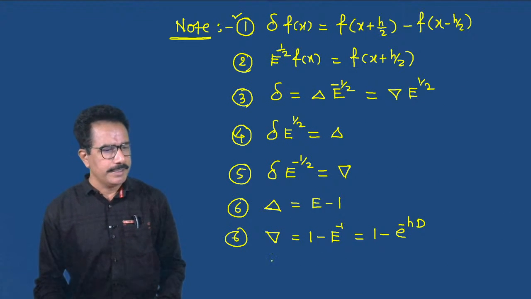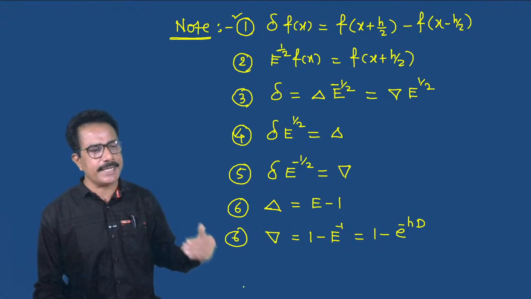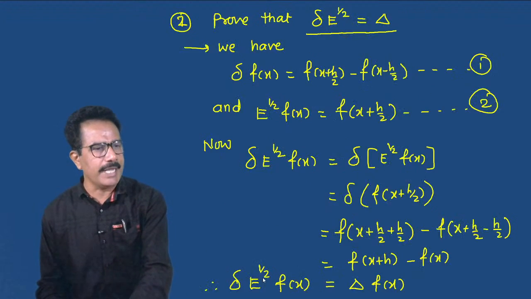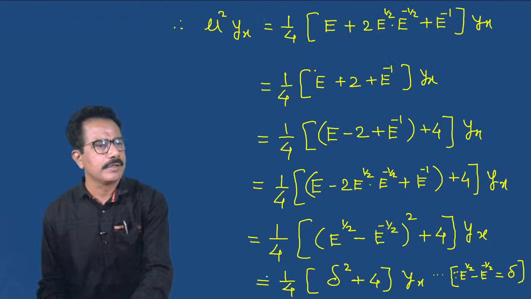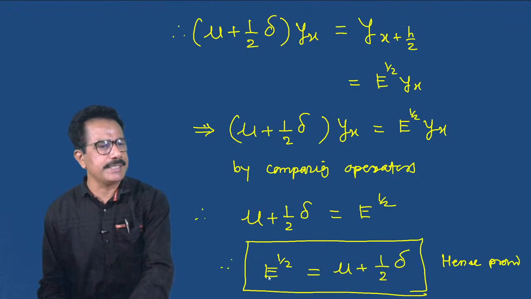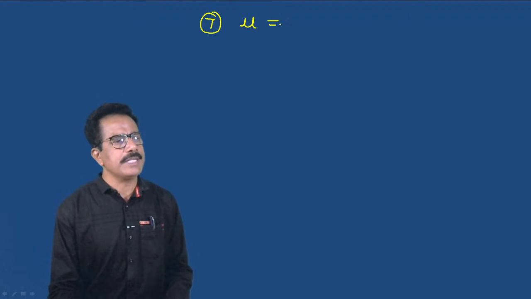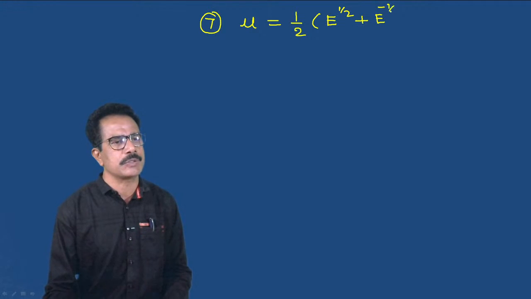सो ठीक आहे. आता हे 7 नंबर 8 नंबर हा जो नोट आहे तो आपण फॉर्म्युले ॲड करू. सो वी शॅल राईट धिस नोट नंबर 7. What we have proved today in the note number 7, we have proved mu, average operator mu is equals to 1 by 2 e raised to 1 by 2 plus e raised to minus 1 by 2.